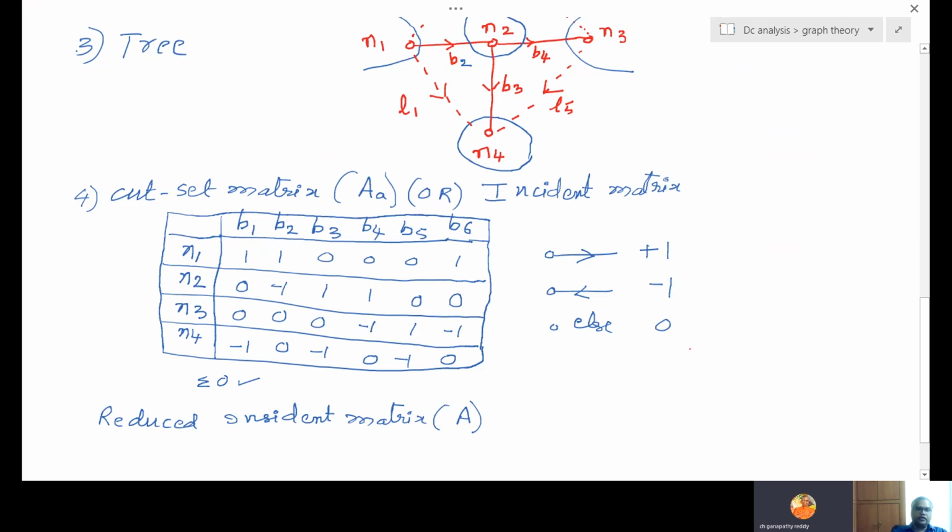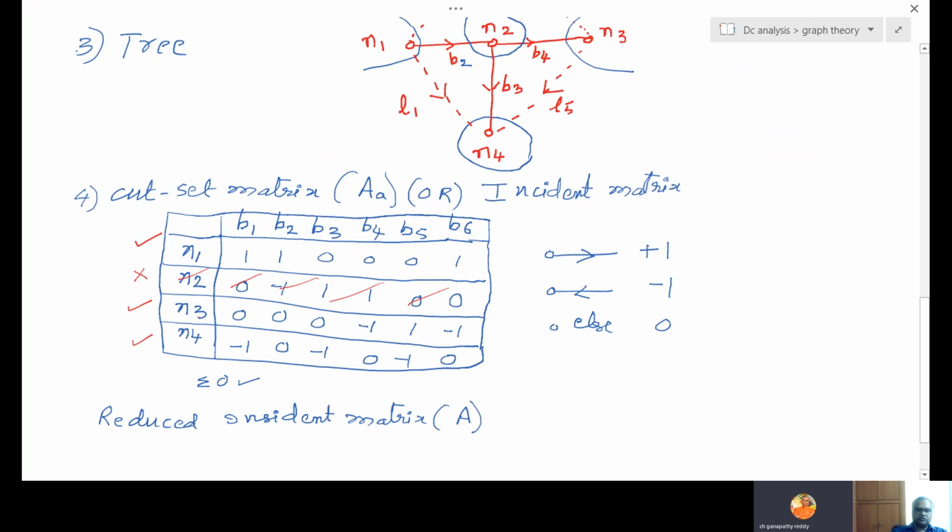After ignoring N2, whatever is remaining is called a reduced incident matrix. So we consider N1, N3, N4. We don't take N2.